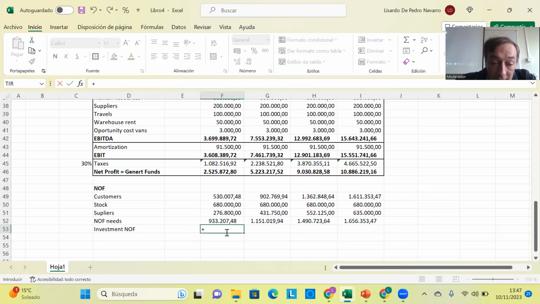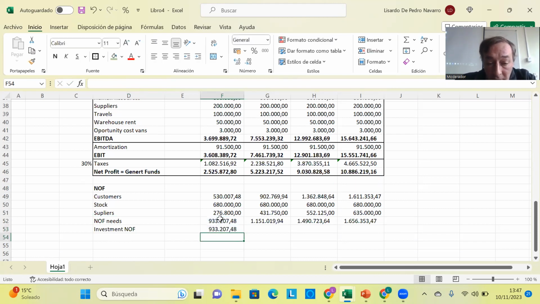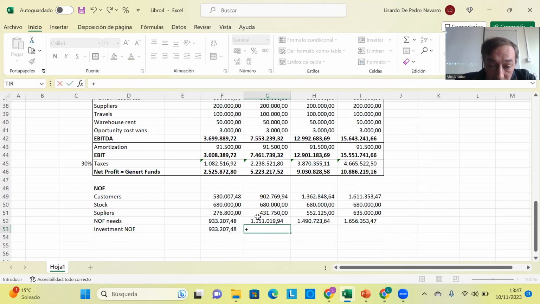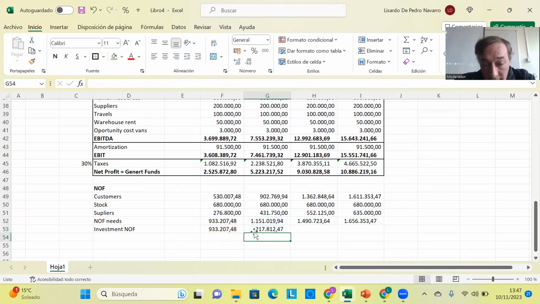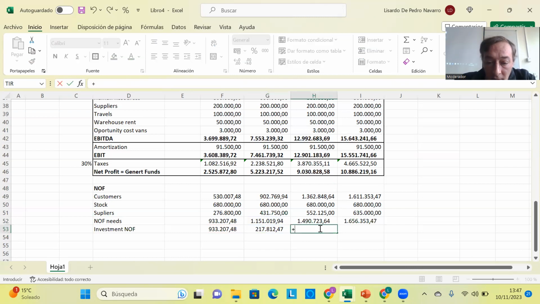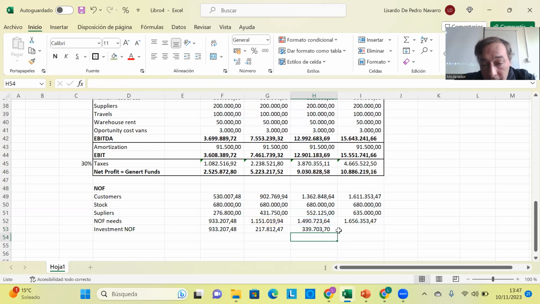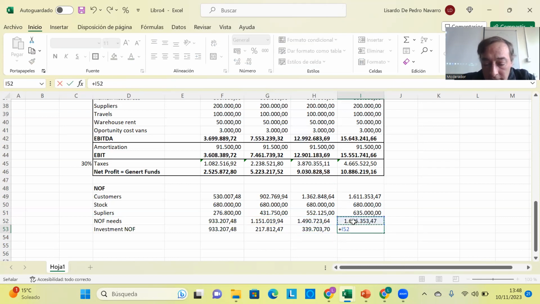For the first year it is going to be that one. For the second year it is that one less the one we invested in the first year, and for the third year that one less that one.